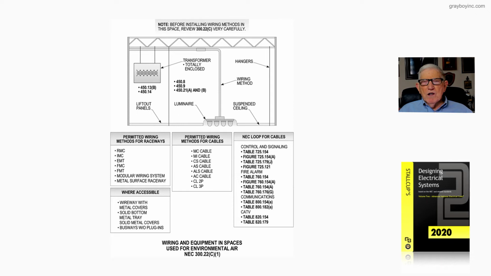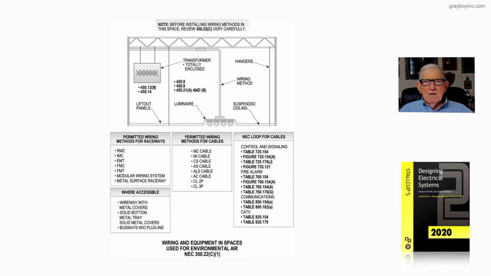NEC loop for cables now, control and signaling, 725.151 lists those. You have a figure there, 725.51(A), that tells you how to install them. Gives you all the information you need, really.